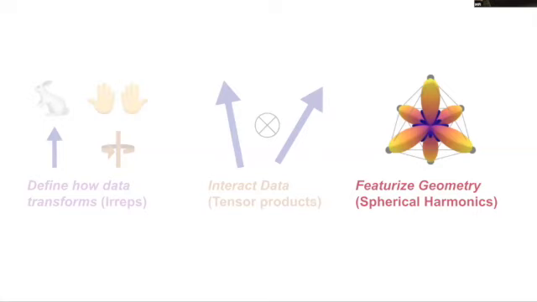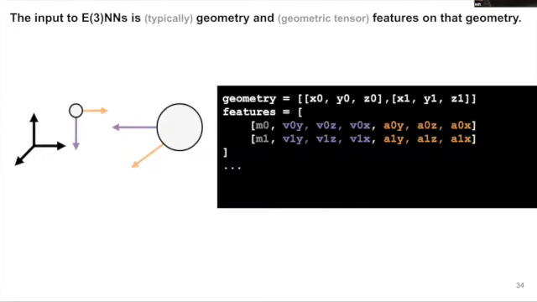Okay, let's talk about featurizing geometry. As we use these Euclidean neural networks, our typical input is going to be some geometry and then features on that geometry. The example I always like to give is two point masses that have acceleration and velocity vectors.